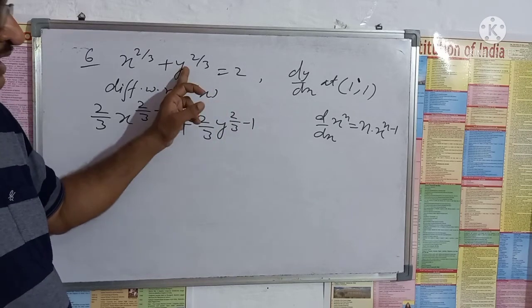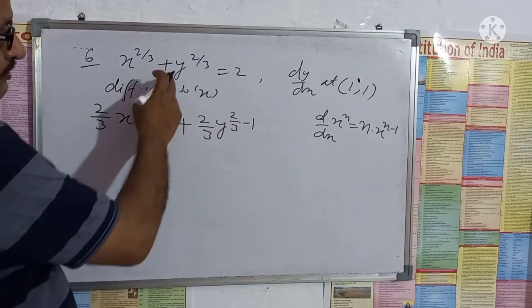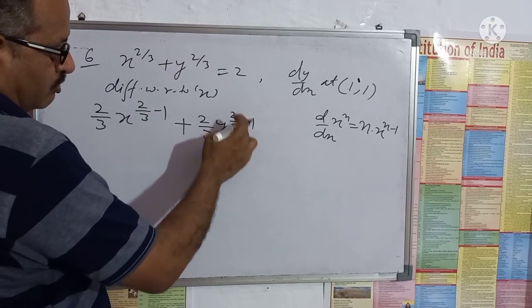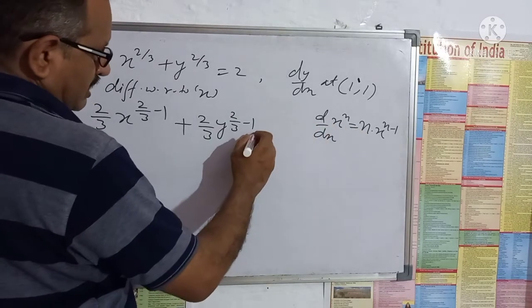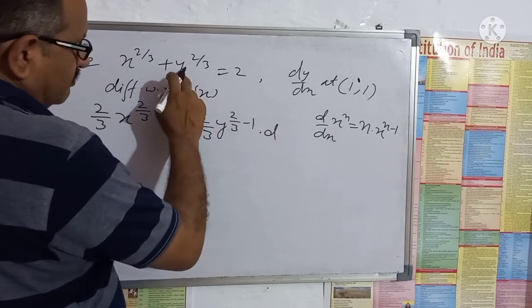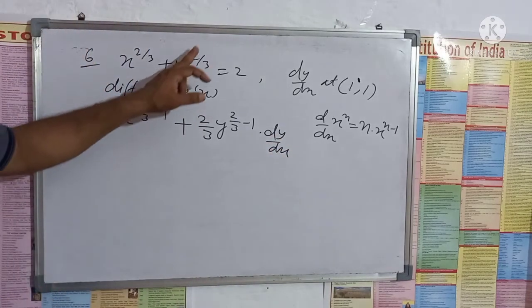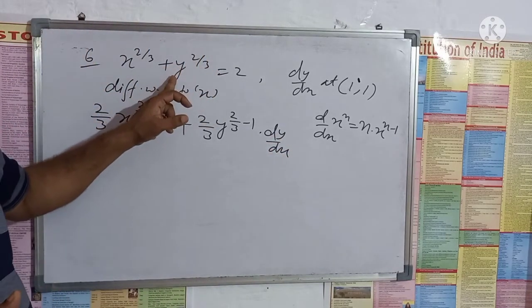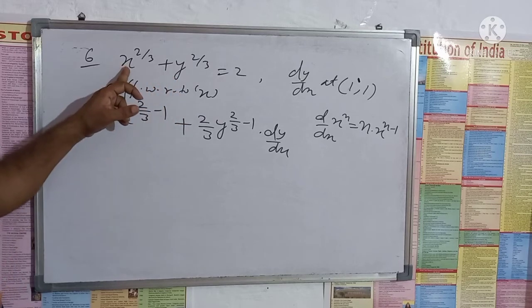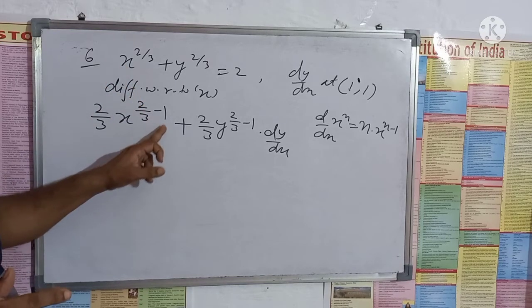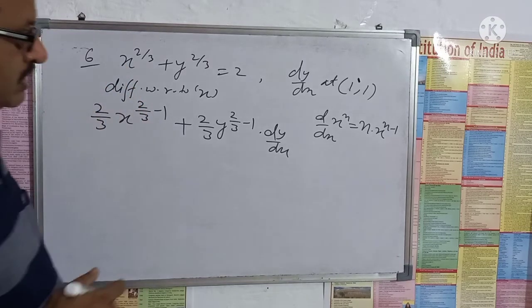That's why we are not writing dx by dx. But here y is there. So firstly differentiate the power, 2 by 3 y to the power 2 by 3 minus 1, into, now differentiate the base y, dy by dx. Firstly differentiate the power, after that differentiate the base. Here we are not writing it because we know that the derivative of base x with respect to x is 1. So we write into 1, so the same thing will come.